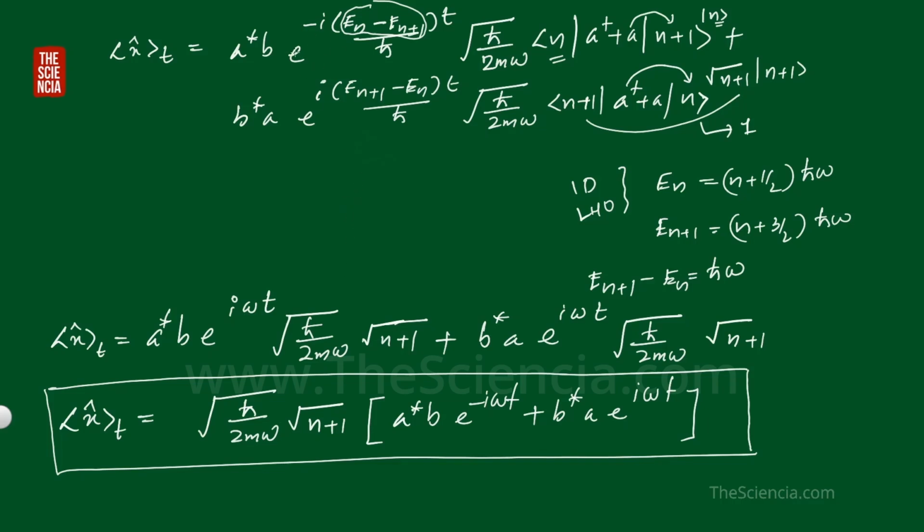In the derivation I made a small mistake, that is this one is plus, so here we will get minus i. Okay, so this is the final result. Expectation value of x at time t is equal to root h cross by 2m omega root n plus 1 into a star b e raised to minus i omega t plus b star a e raised to i omega t.